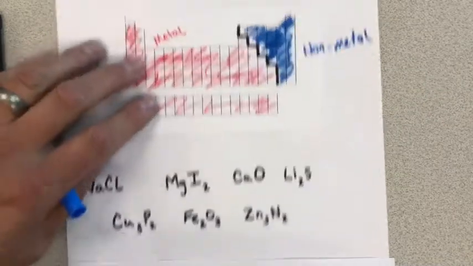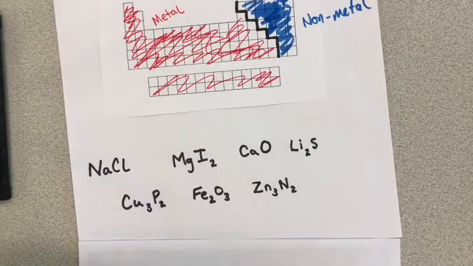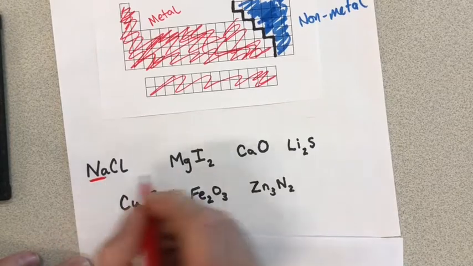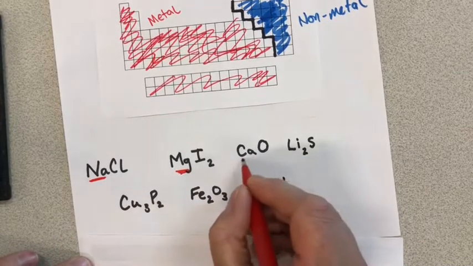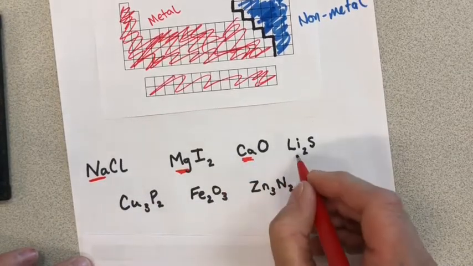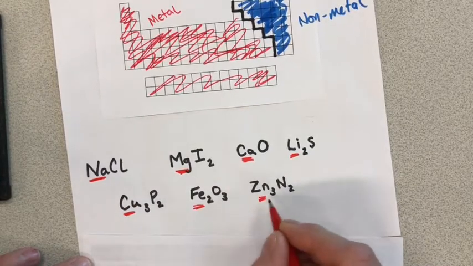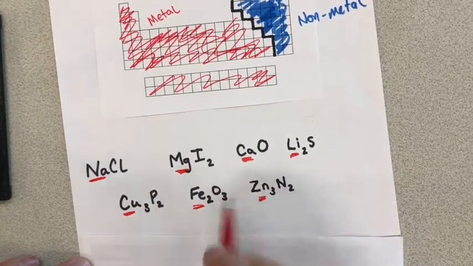All right, so here's some examples of ionic compounds. These are the formulas that you'll get pretty familiar with these actually. So here I'm gonna underline the metal with the red pen here. Calcium, lithium, copper, iron, zinc. These are all the metal parts of the compound.